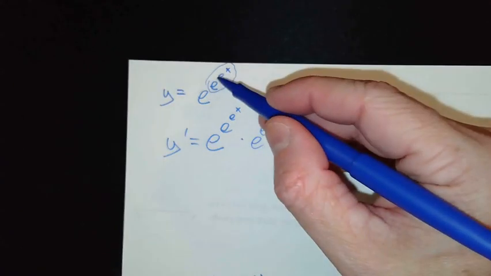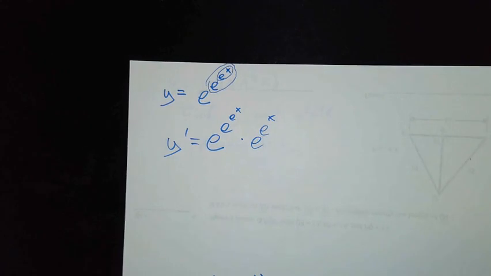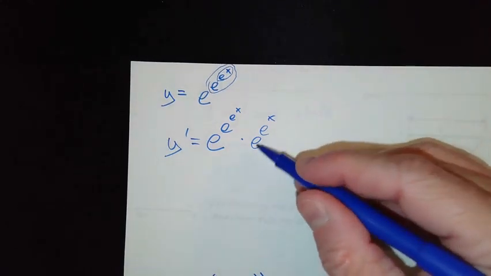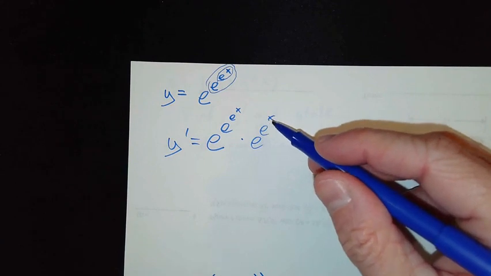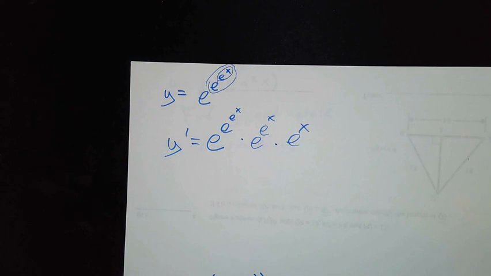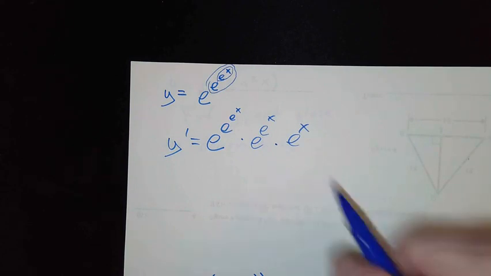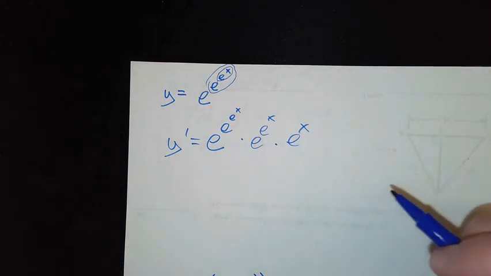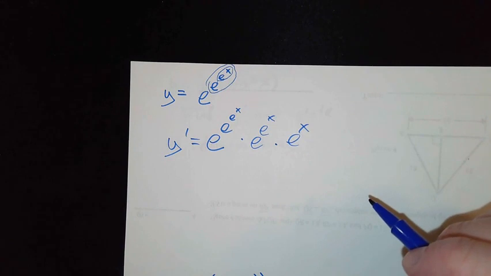But now my stuff inside is e to the x. And so the derivative of e to the x is e to the x times e to the x. And that's it, because now the stuff inside is just x, and the derivative of x would just be 1, so I won't write that down.